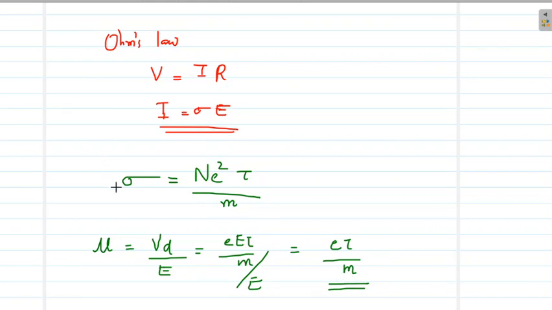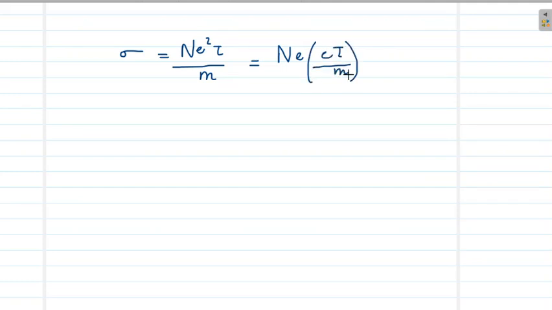How are sigma and mu related? Sigma equal to n e square tau by m, which is equal to ne into e tau by m, which is equal to ne mu.